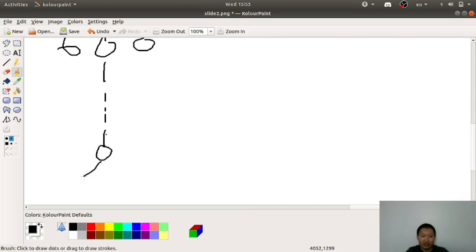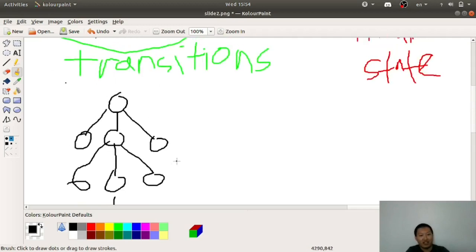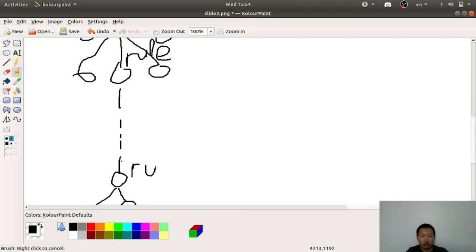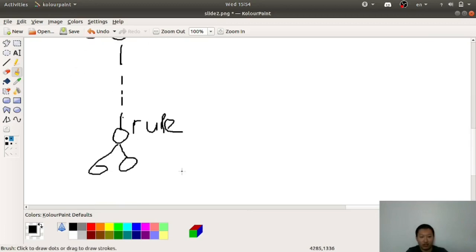I don't know, it's just a random tree I drew. But the main idea here is that for each of these lines, we're applying some sort of rule. So this is one rule. This line is one rule. All of these guys here are rules, and then this line is a rule, etc.